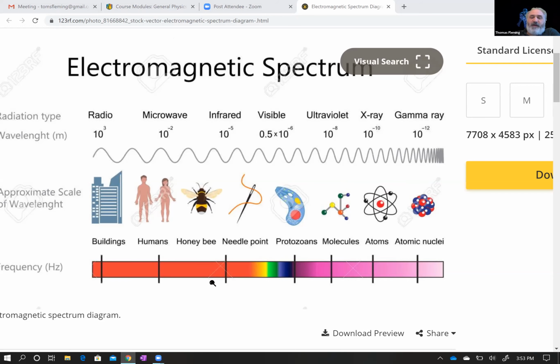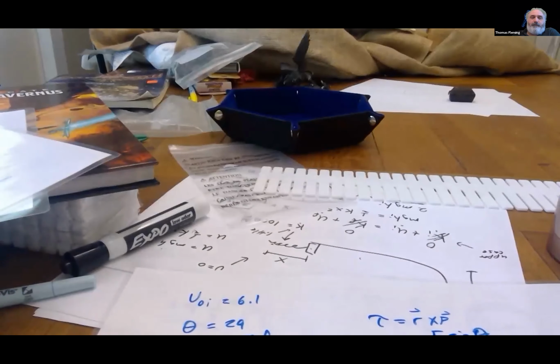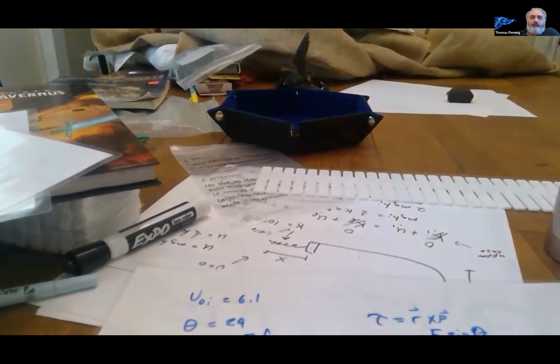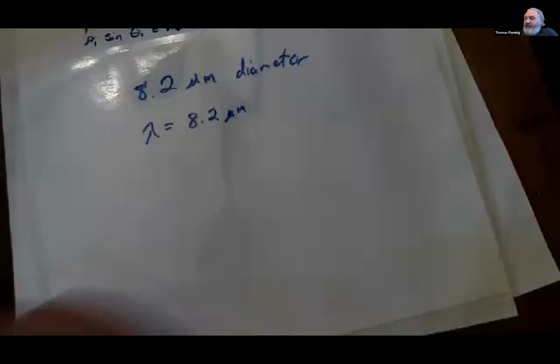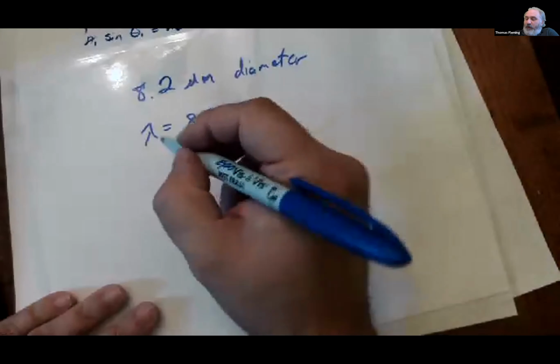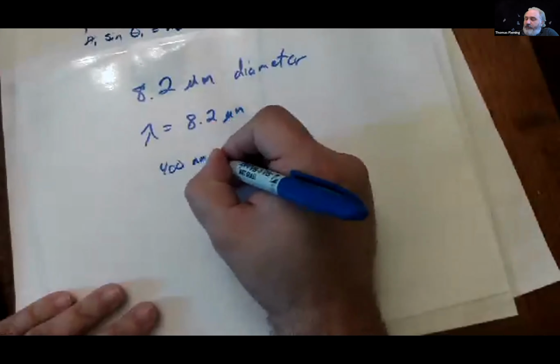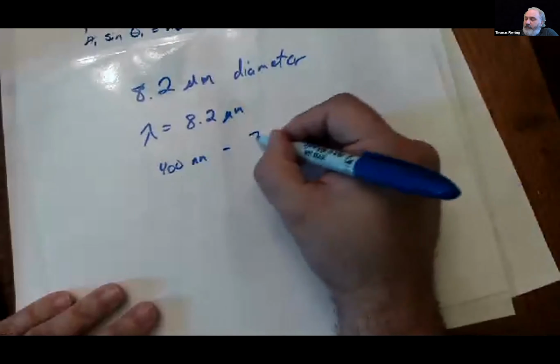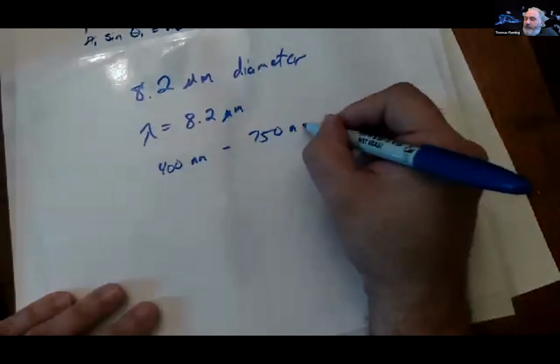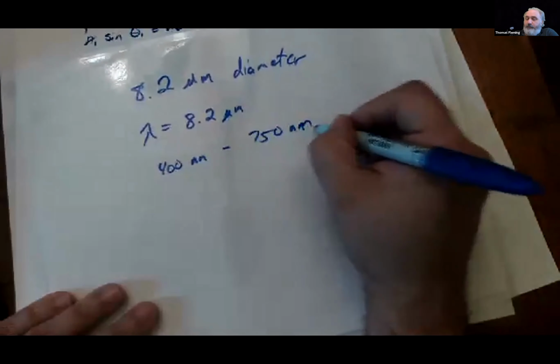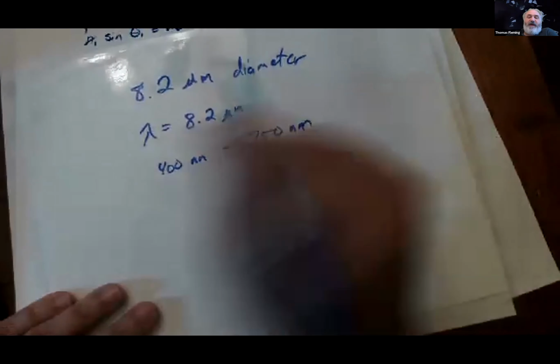And in fact, usually when I think about the human visible range, the numbers that I know off the top of my head is that the visible range is from about 400 nanometers to about 750 nanometers. How many nanometers is that?